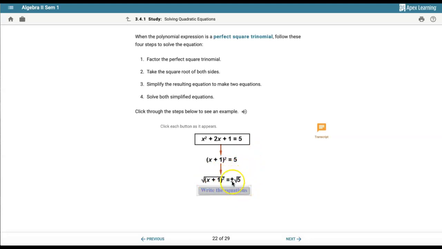It's going to be plus and minus, so we're going to have a positive version and a negative version. Because if we were going in the opposite direction, if we squared a positive 2, it's going to give us 4. Same thing if we squared a negative 2, it's going to give us a 4. So we don't know if this 5 came from a negative version or a positive version of that number. So we've got to give both potential options.